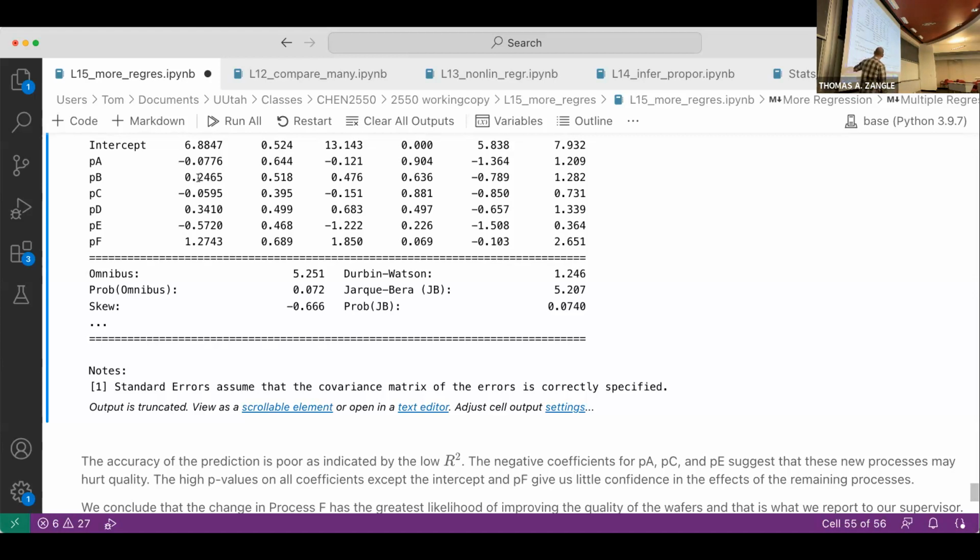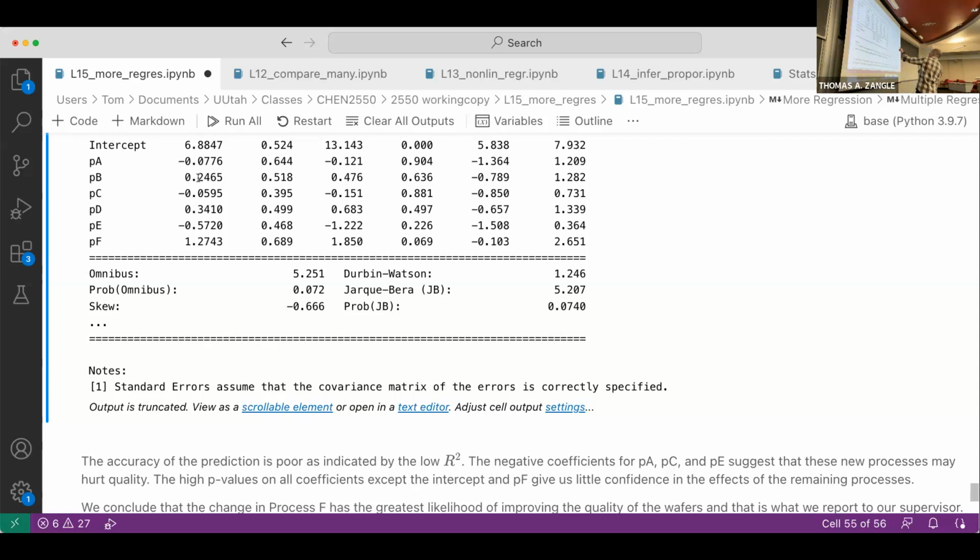So if we have a negative coefficient in our linear model for these process variables, then that means that increasing that, let's say that PA parameter, decreased the quality, meaning that going to the new process decreased the quality. And the same for C and E.